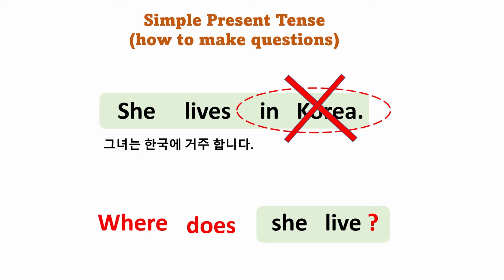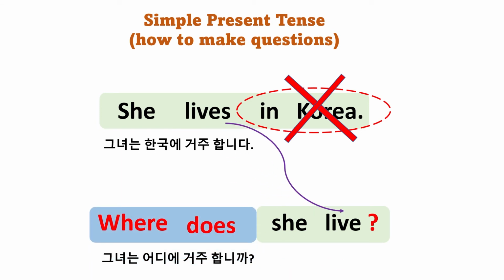Now we add where before does. Therefore, our question will be, where does she live? Lives is changed to live because of does. Does comes with the subjects she, he, and it.